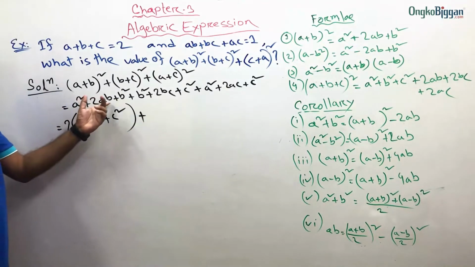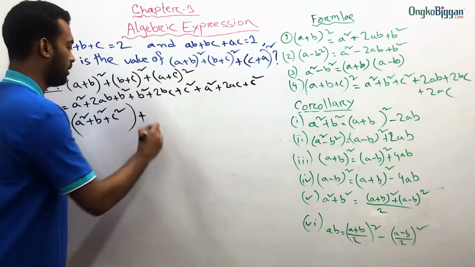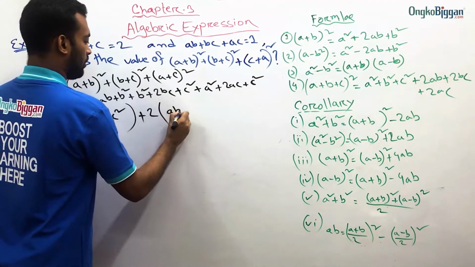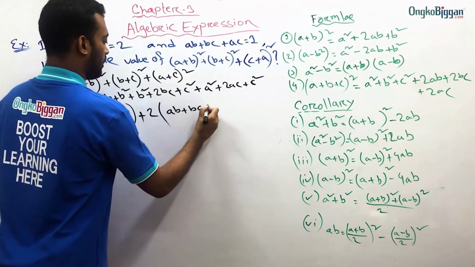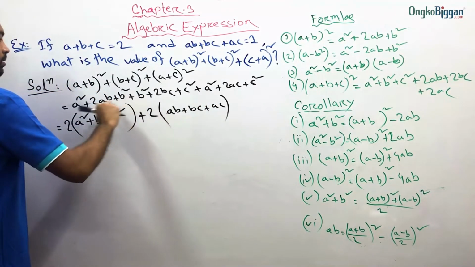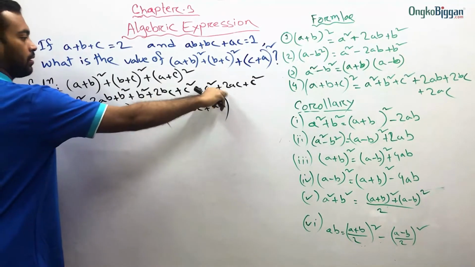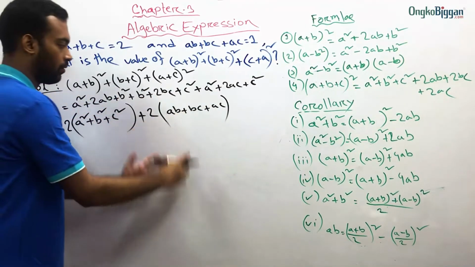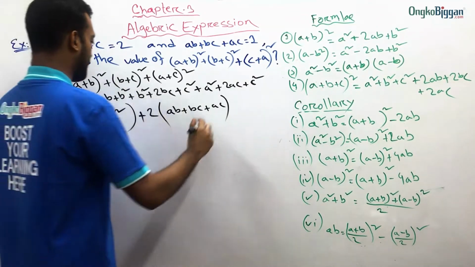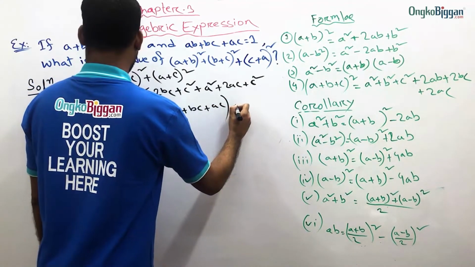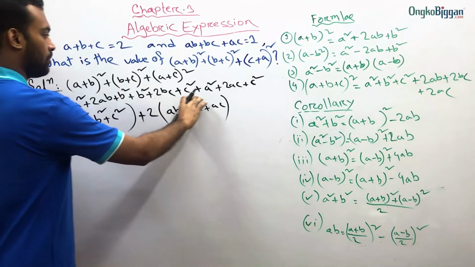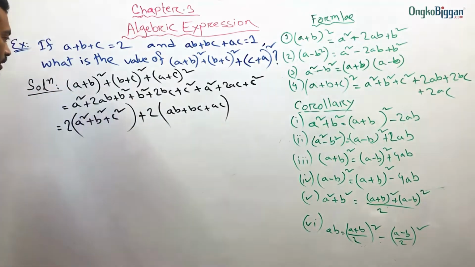Next we have 2ab, 2bc and 2ac, so let's write this: 2 into (ab plus bc plus ac). It's the same thing, 2ab, 2bc and 2ac. We're just writing it in an organized way so that it becomes easy for us to do the maths. After this we don't have anything left.